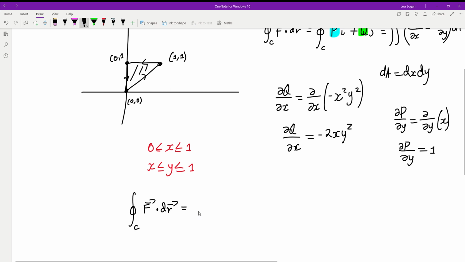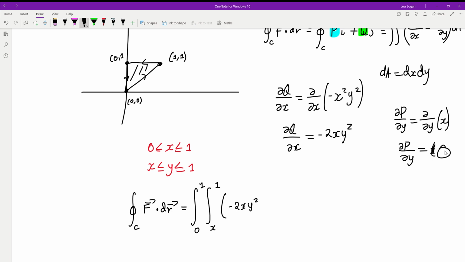So when we set up our double integral, we're going to do x on the outside, 0 to 1, and then x to 1 for y, and then we'll have the partial derivative of this, negative 2xy squared. Oh, that's true, it's a constant, that's 0, sorry.